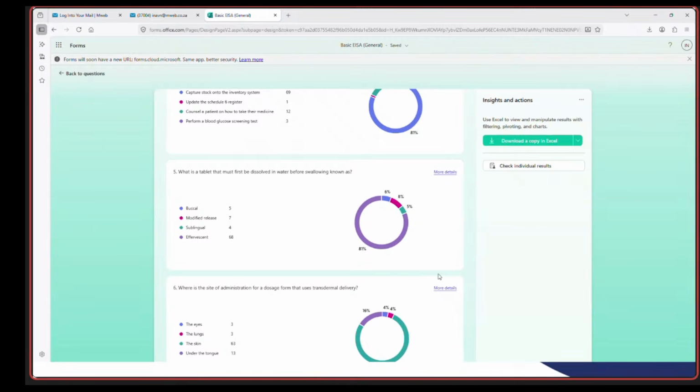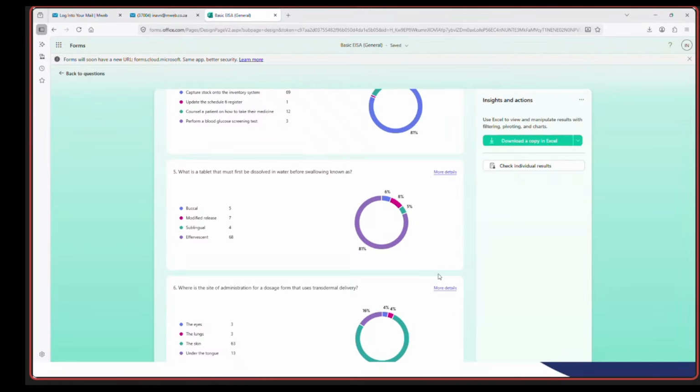What is a tablet that must first be dissolved in water before swallowing, known as? So now this is also not a straightforward question. It is also an apply question. So you must know the different routes of administration.